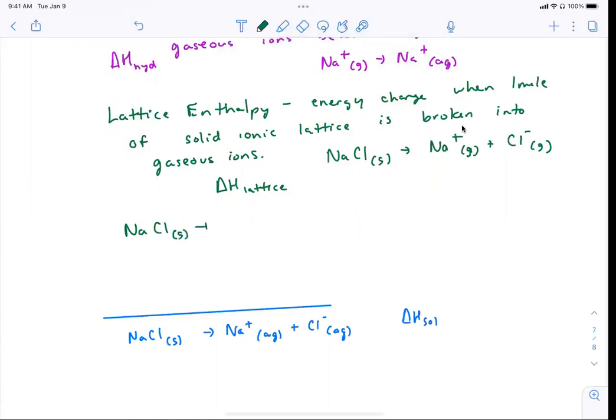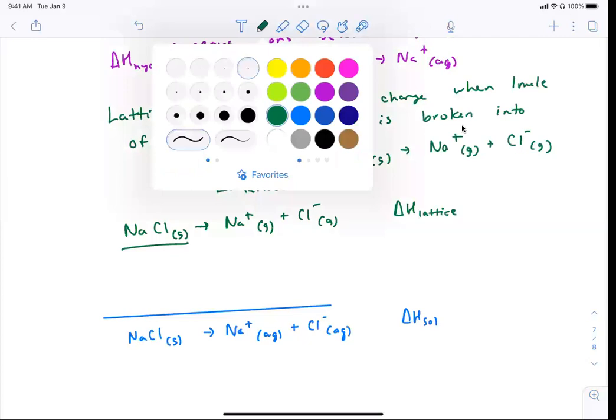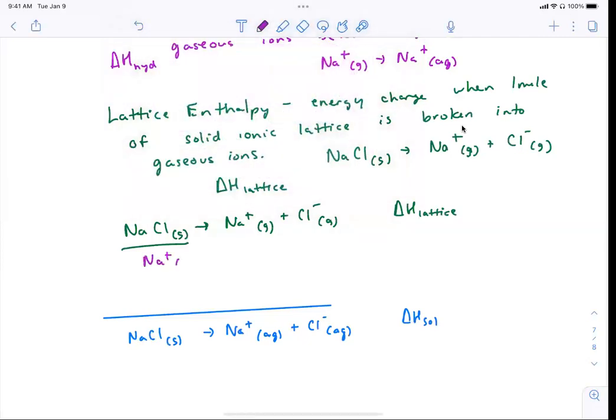Is the sum of the following things: your lattice enthalpy, because that's your solid that you start with, and your enthalpies of hydration, because you can convert each Na+ gas into Na+ aqueous, and Cl- gas to Cl- aqueous.